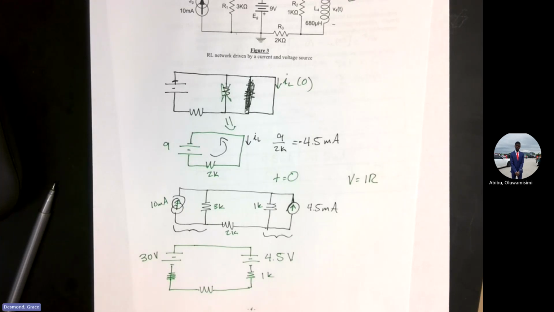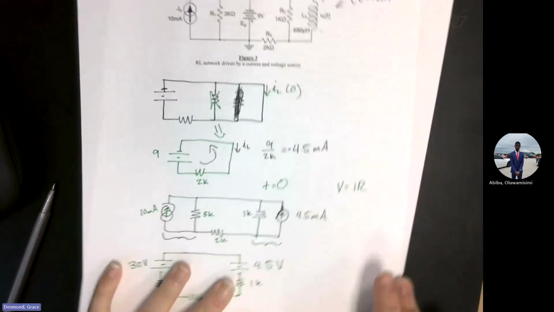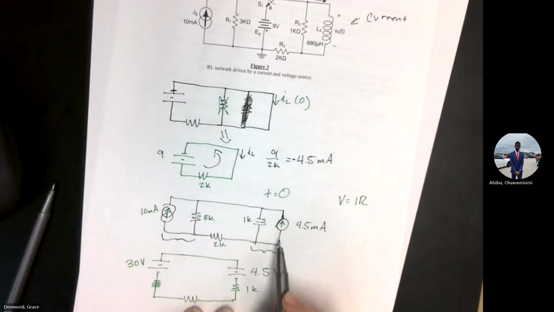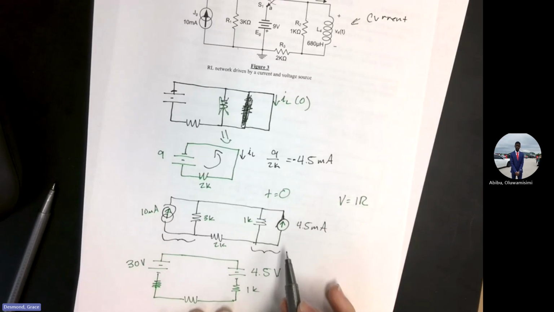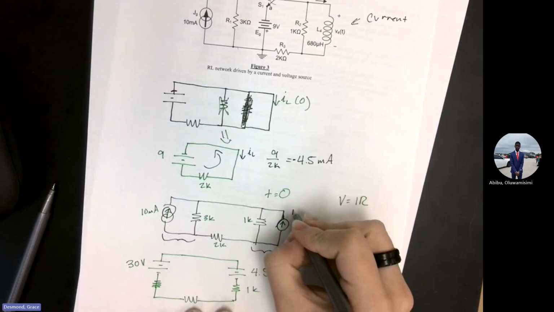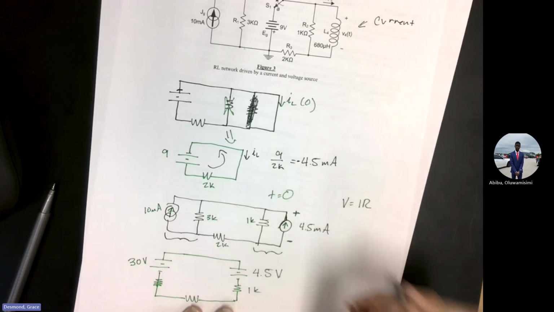So we're not trying to find IL, we're trying to find V. So we just transformed this. That's kind of problematic, because we're trying to find the voltage from here to here.